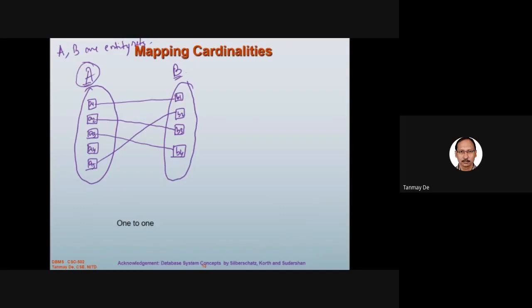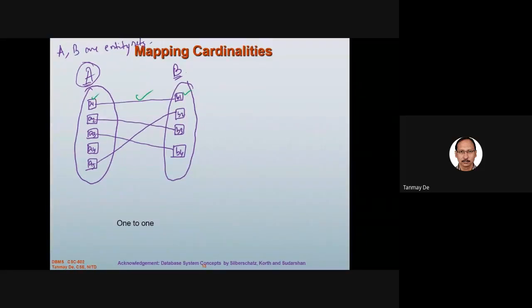Is it clear? Only at most one entity in the entity set capital A is associated with at most one entity, maybe zero entities, of the entity set B. For example, A1 is associated with B1.